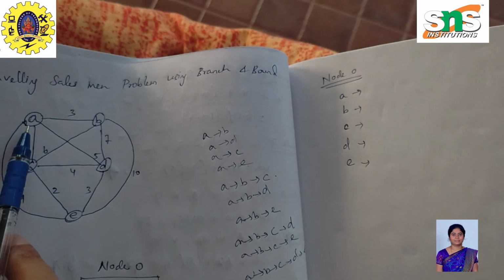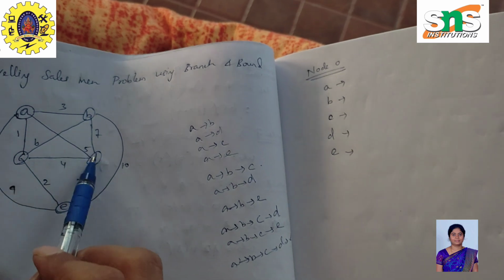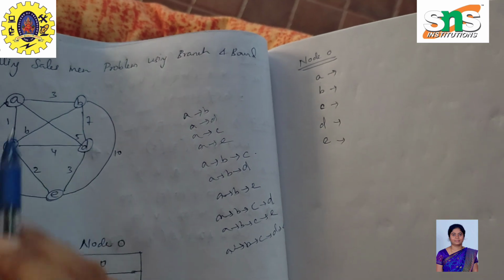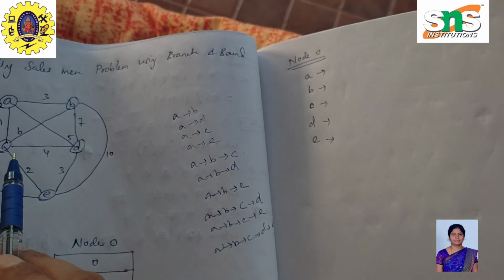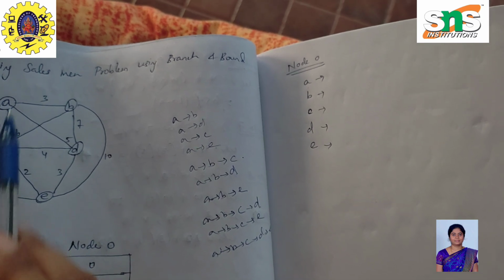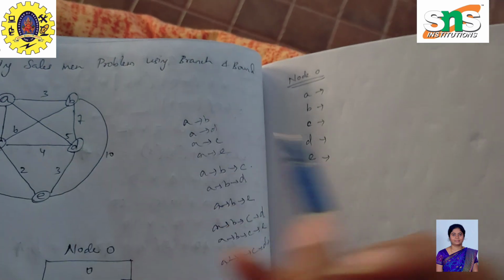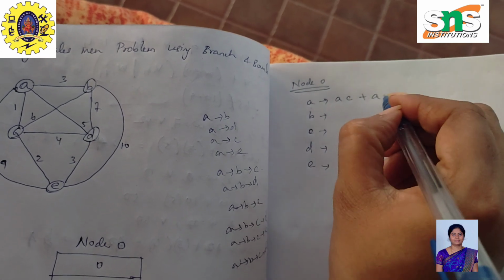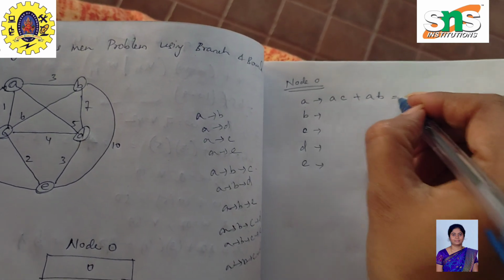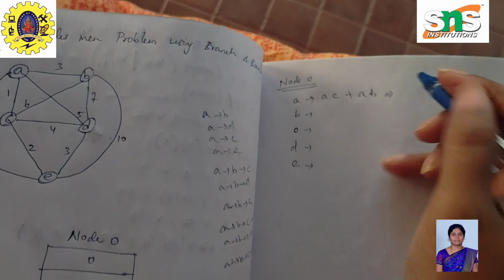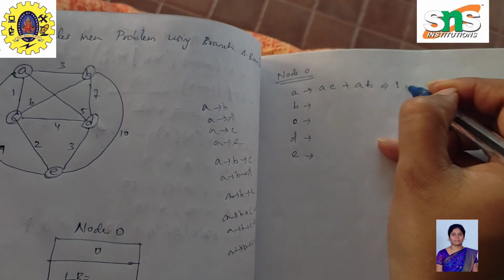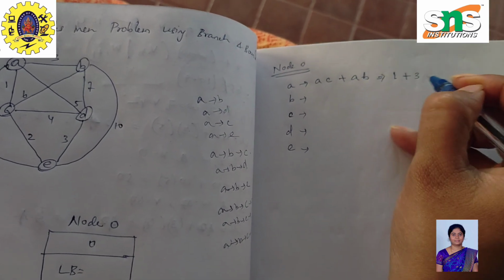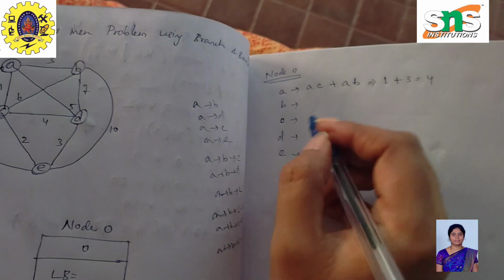For A we have adjacent nodes B, C, D and E. Among these we have to get the two minimum values: one is A to C, another one is A to B. So A to C is 1 plus A to B is 3, so the answer is 4.